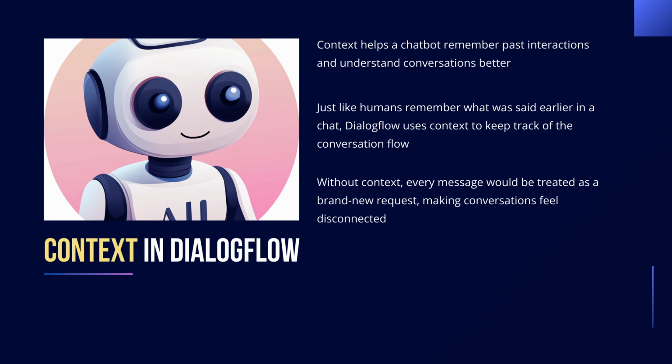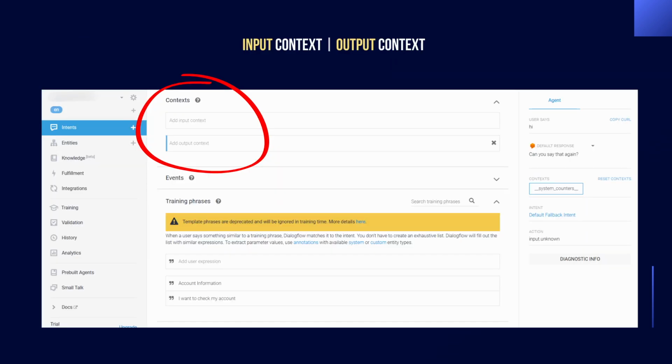They are what make a chatbot's conversation flow feel more natural and engaging. In short, contexts control the flow of a conversation. They help the chatbot keep track of what has been discussed and decide what should come next.